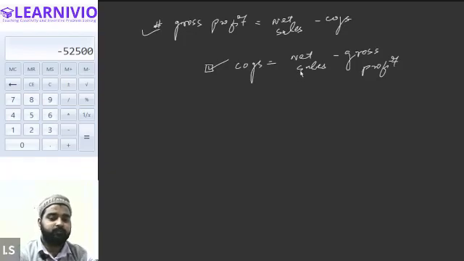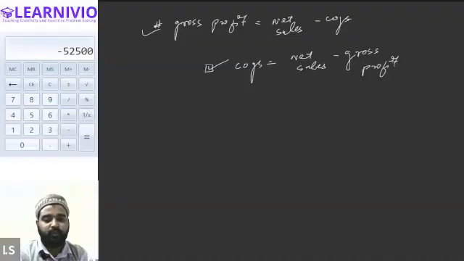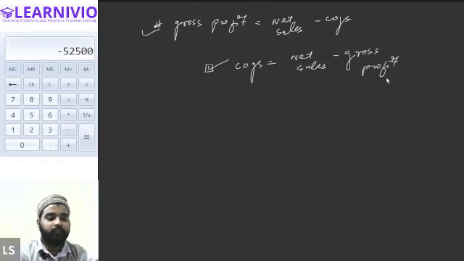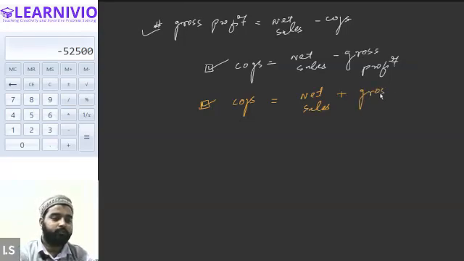But let's say instead of gross profit we have gross loss in the question. In that case, the formula for cost of goods sold will be COGS equals net sales plus the gross loss. This is it.